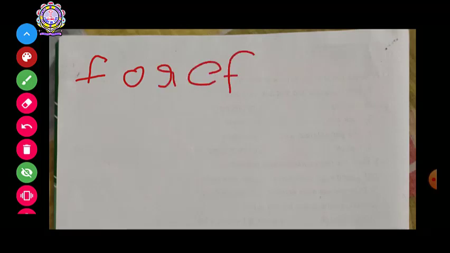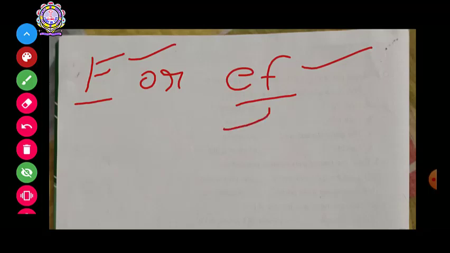This line was saying that if the words are ending with these two alphabets, f or fe, then we have to add ves, meaning we have to replace these letters.